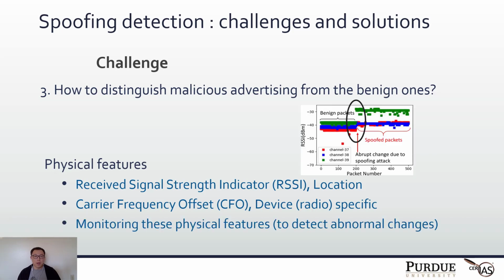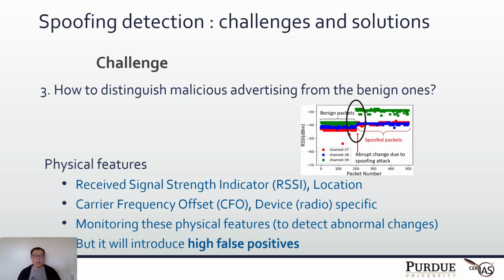Therefore, if an advertising message is sent from a different place or a different device, there would be abnormal changes in these 2 features, as shown in the figure. So we can detect spoofing attacks by detecting the abnormal changes of these features.